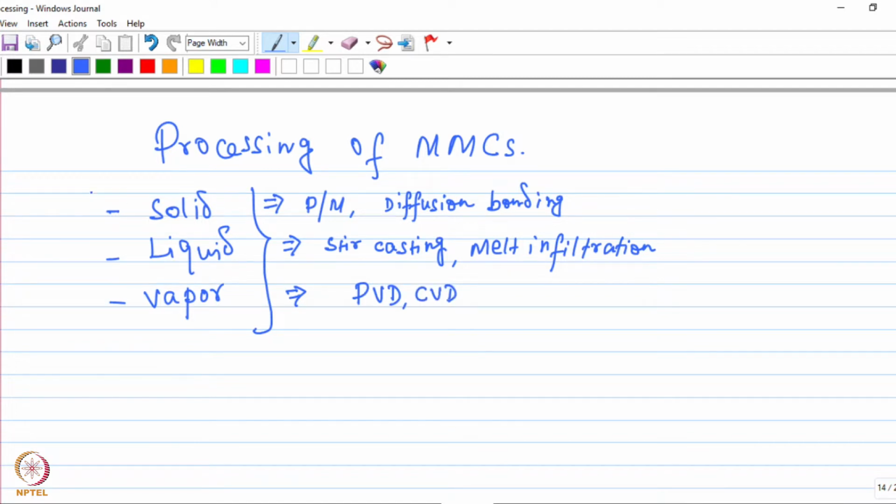Now, apart from these three main states of the matrix material in which it can be processed, the MMCs can also be processed in the two-phase region, where both liquid and solid coexist.